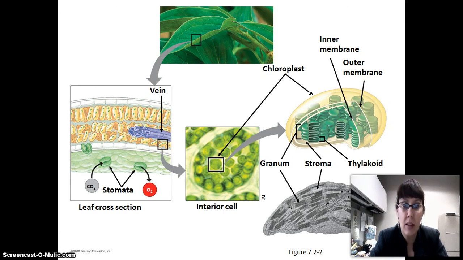Inside the chloroplast is a thick gooey liquid which is referred to as the stroma. Inside of the stroma are a series of stacked membranes, referred to as the thylakoid membrane, and the stacks of membranes are called grana. The chemical reactions of photosynthesis occur across the thylakoid membrane.